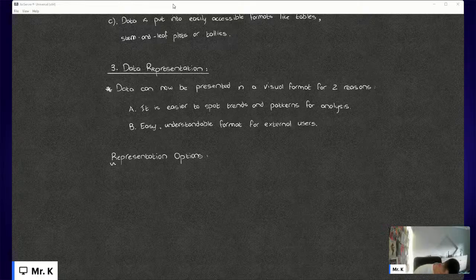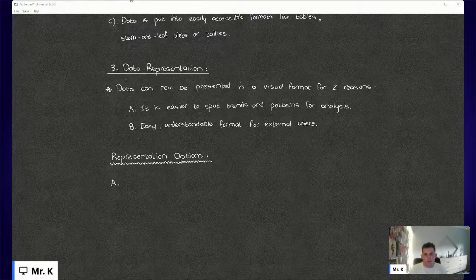Right, so these are our representation options. How do we want to display our information? Okay, I'm going to give you guys a second to copy because we are doing a lot of writing.